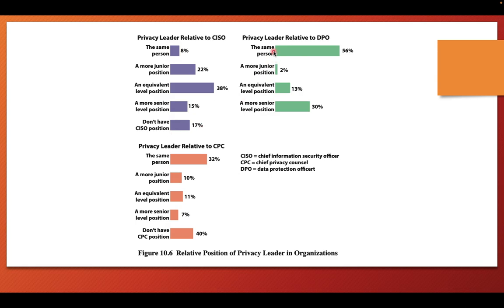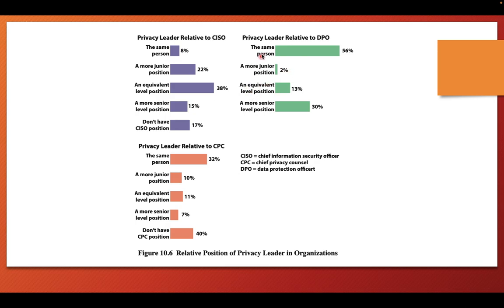If you compare this with privacy leader related to the data protection officer, those who say privacy leader is the same as data protection officer are 56%. Those who say privacy leader is a more junior position compared to data protection officer are 2%.